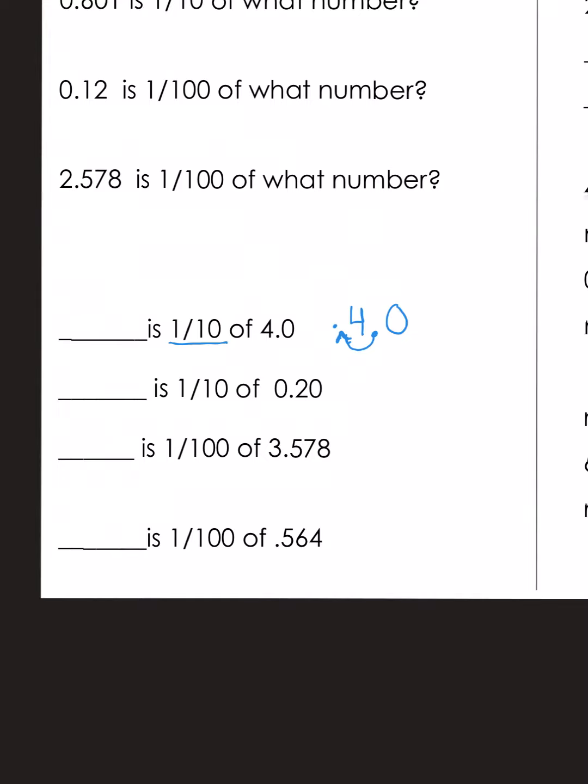So now my decimal is in front of the 4. I rewrite my answer as 0.4 or 0.40. And this is the same as saying 4.0 divided by 10. Be careful when you get to the 1/100th because you need to make 2 jumps instead of 1.